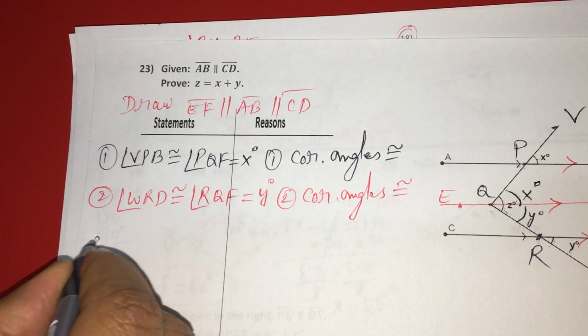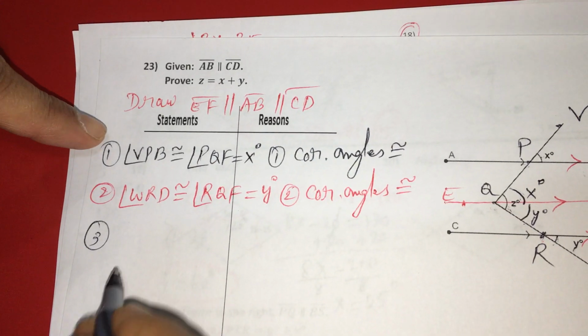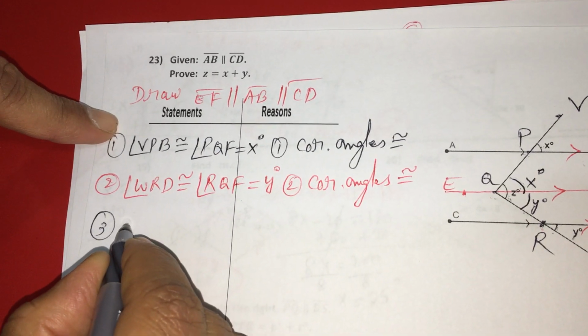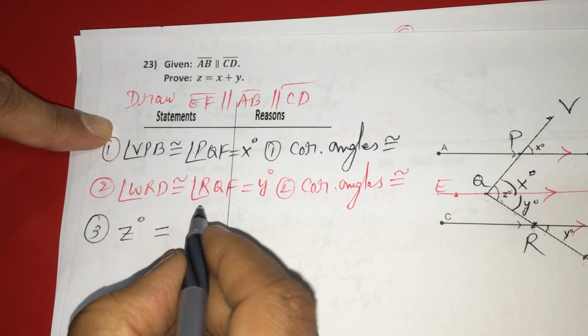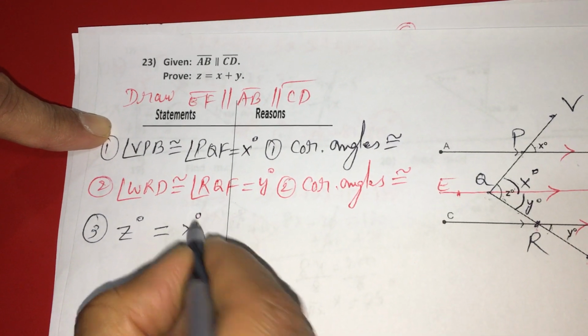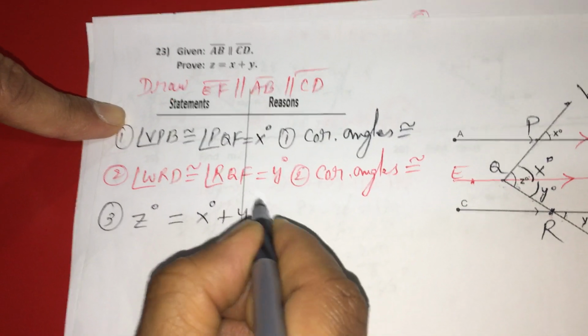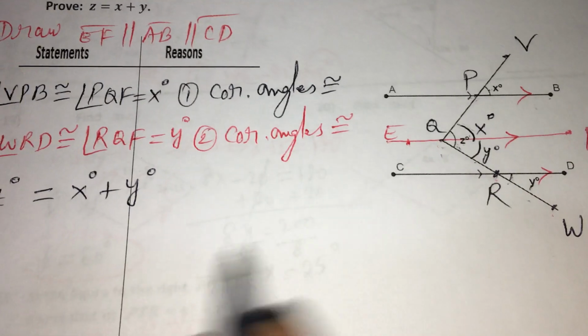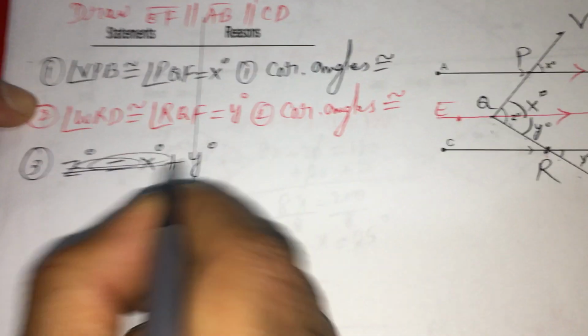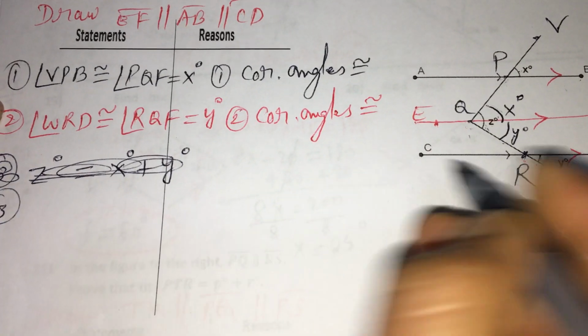Now, third point, angle Z is equal to x degrees plus y degrees, because of this angle PQR. So I write the third step like this for you.